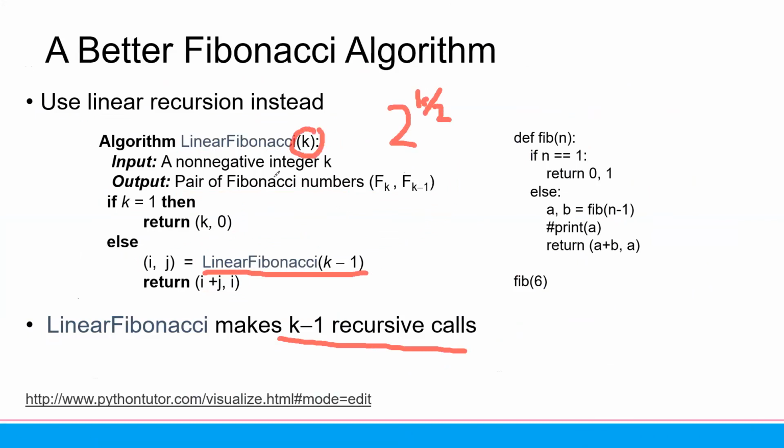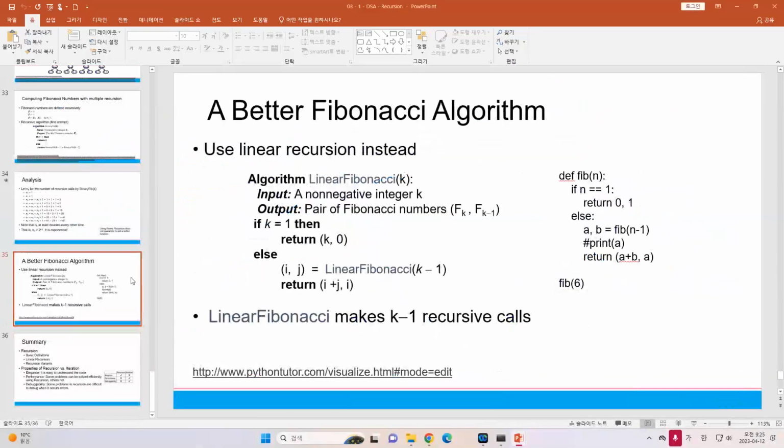K is a non-negative integer, or the number that you want to set for the Fibonacci. It means it will be just O(n), or linear time. So you can try if you want to visualize this one.